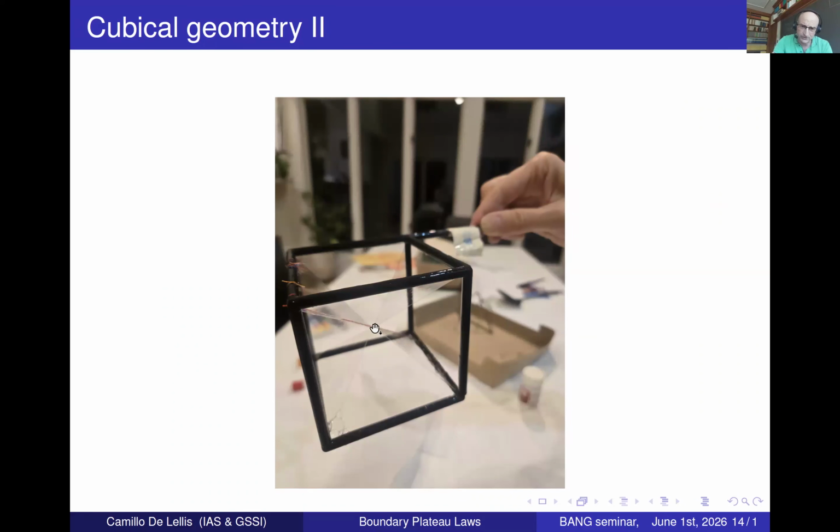And you see from this picture that it really seems like the film formed a cone, right? A cone centered on the midpoint of your diagonal, which is, of course, the barycenter of the cube.